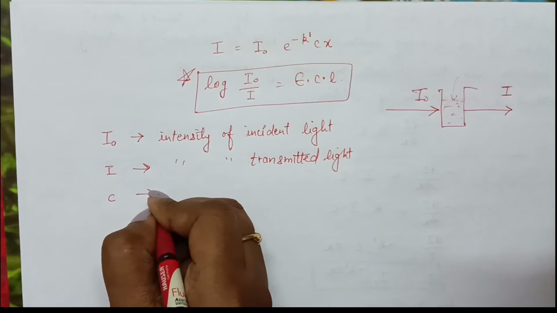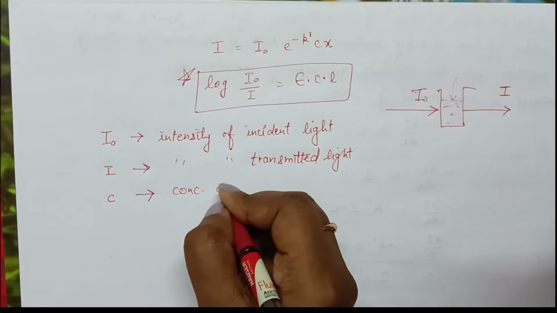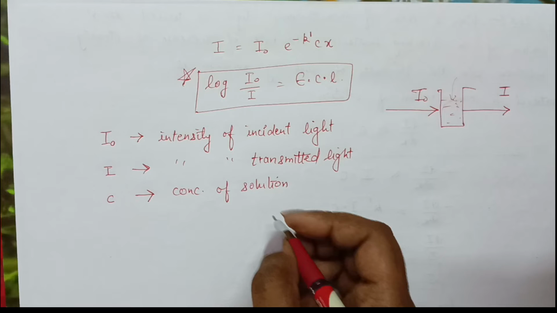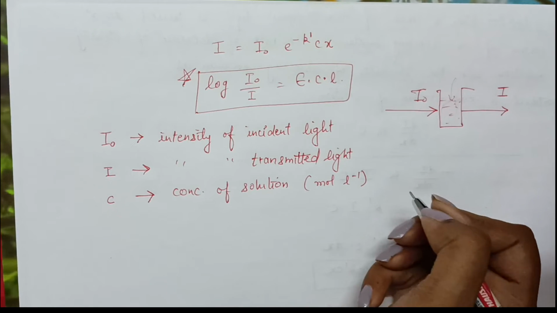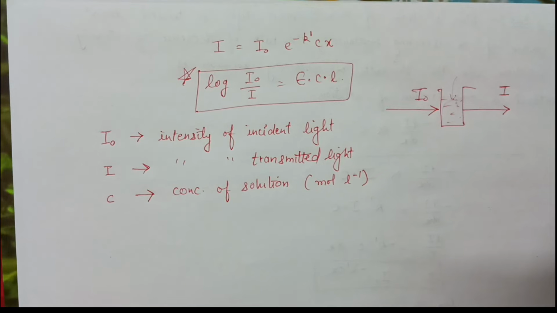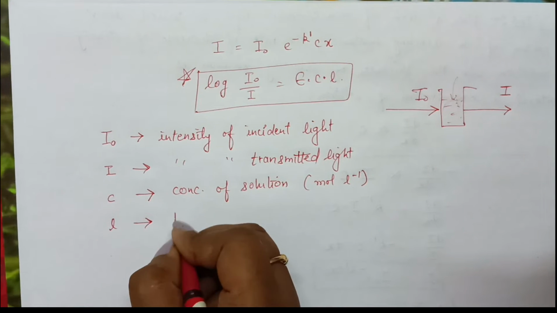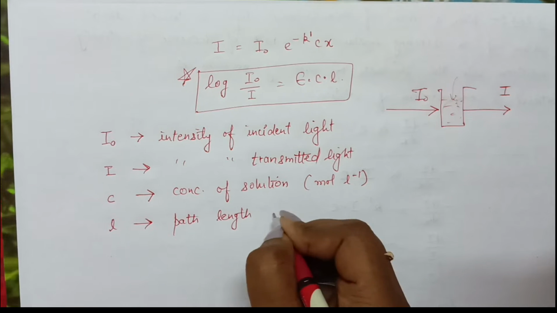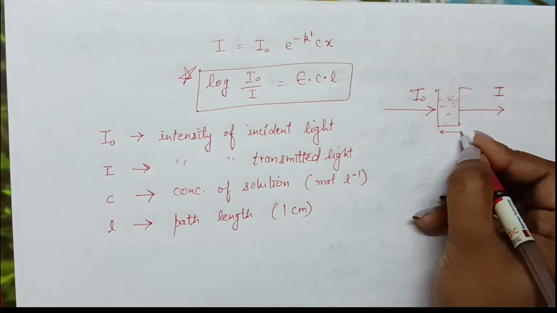Now next, C will be the concentration of solution. Now what will be its units? That will be mole per liter. Next is small l. L is the path length, and generally the path length is 1 centimeter. That will be for the cuvette, this path length.